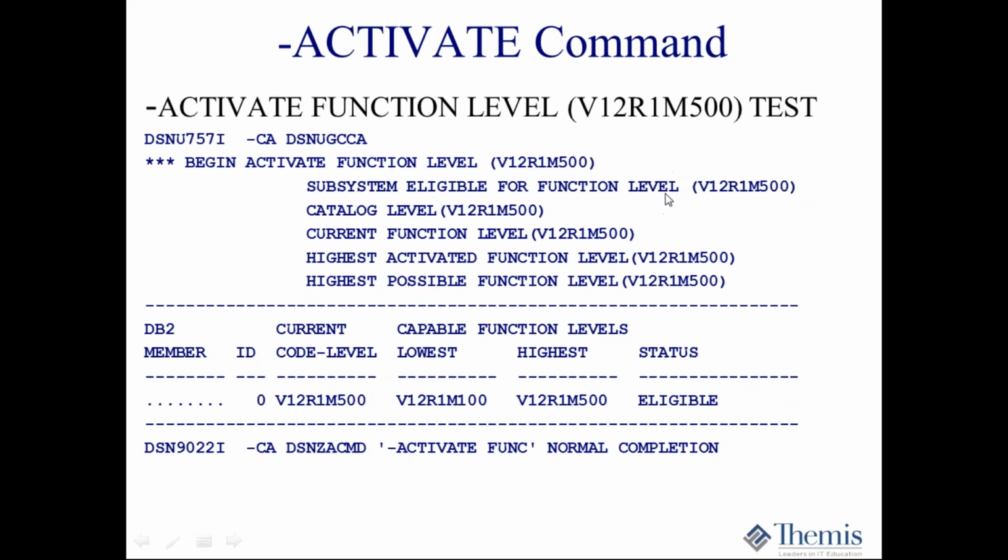So my subsystem is definitely ready for function level 500. I can activate it. And I do recommend you use the test before you go to any new modification. Now that really becomes apparent in data sharing, because you want to make sure all members of the group have recycled to get the code level that you need.